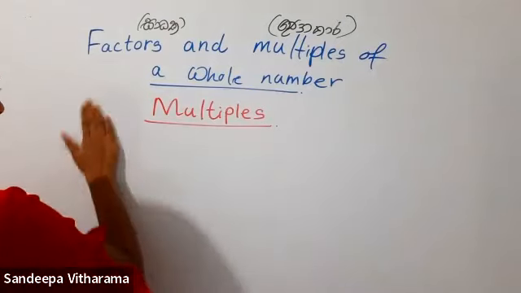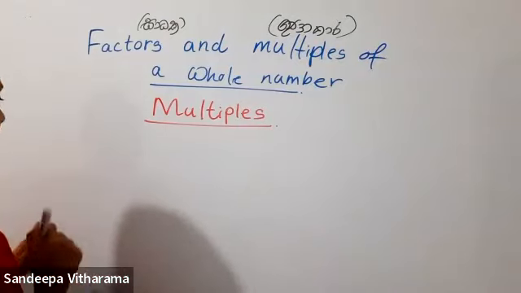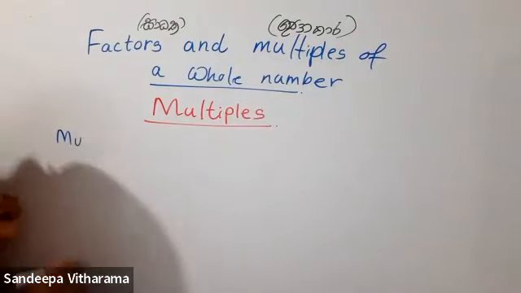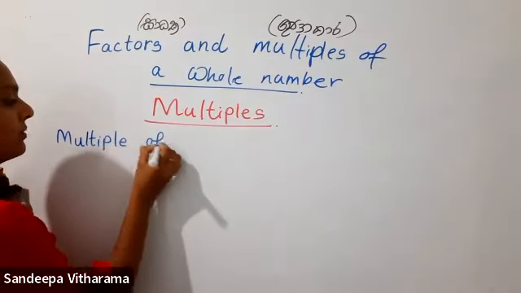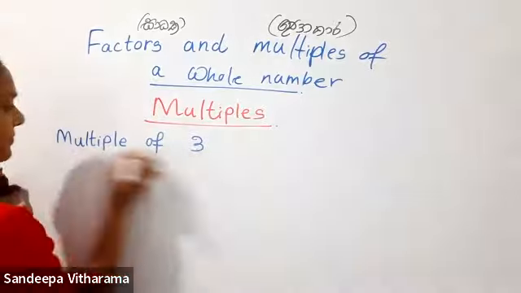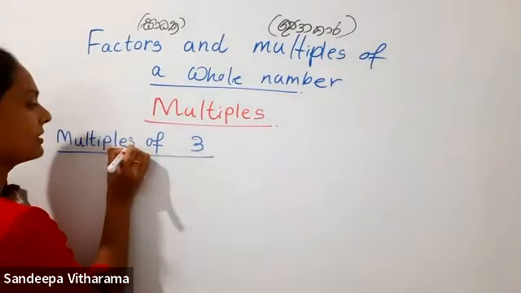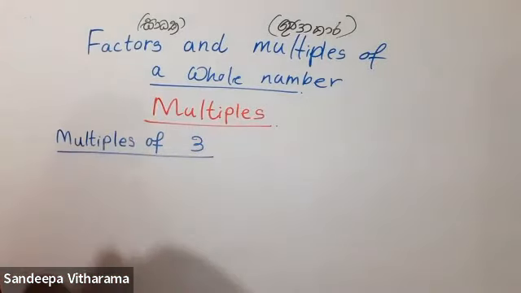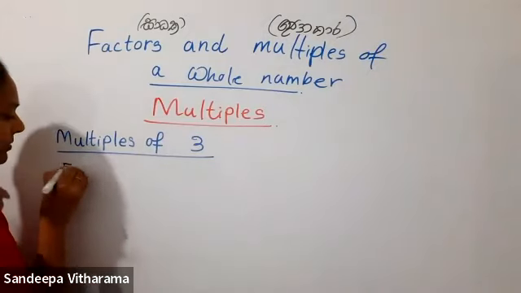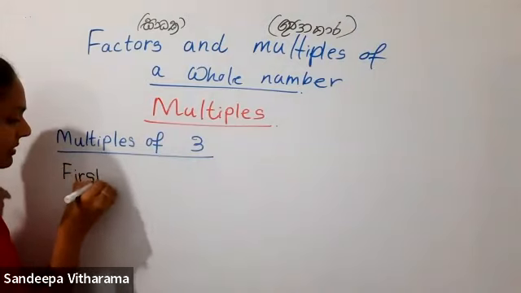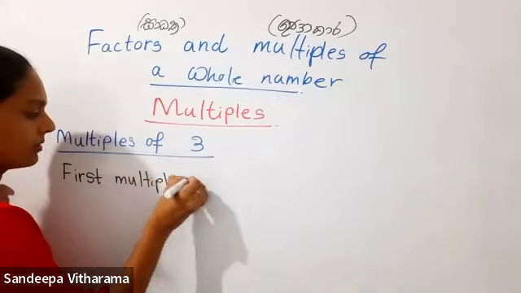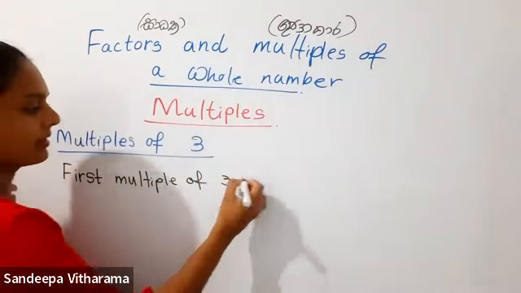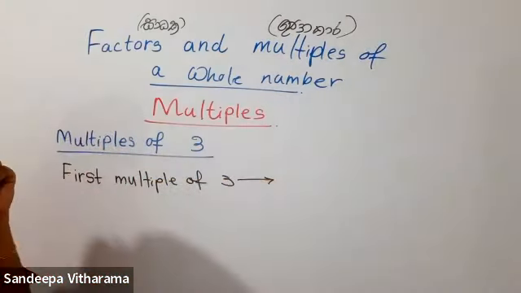When you are asked to find the multiples of 3, now we are going to identify multiples of 3. Then how do we obtain the multiples of 3? I want to know what is the first multiple of 3.